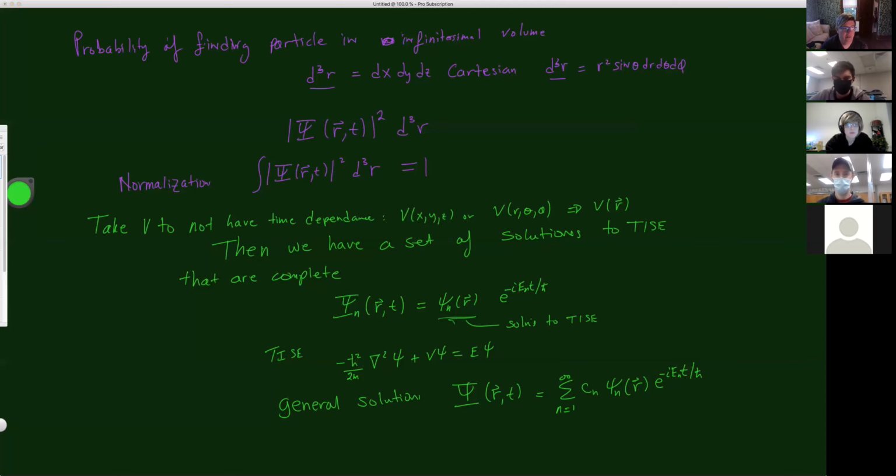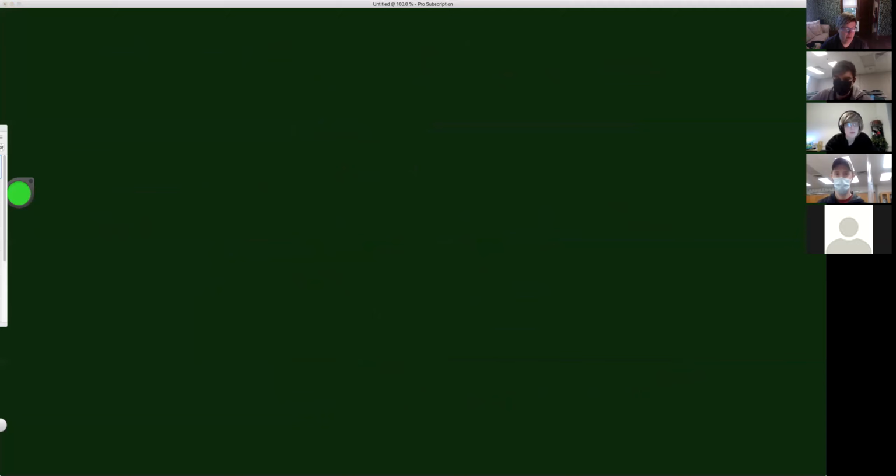Okay, new layer. Let's stick with spherical coordinates. I'm going to change color again. So spherical coordinates: that's r, theta, phi, where theta is the angle that comes down off the z-axis.